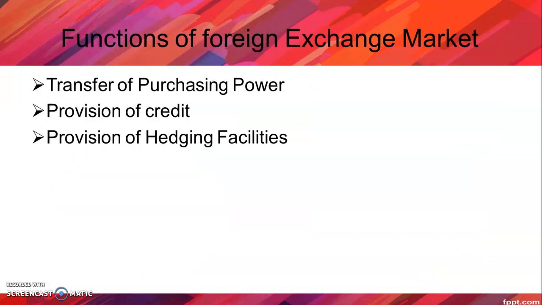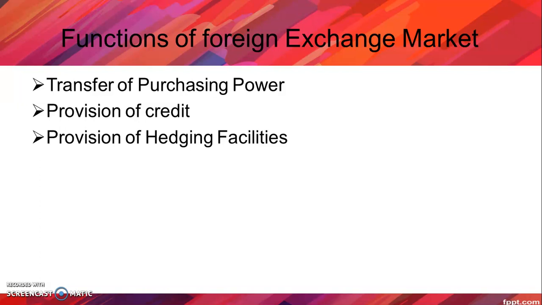Come to the functions of foreign exchange market. The primary function of a foreign exchange market is the transfer of purchasing power from one currency to another. The international clearing house function performed by foreign exchange markets plays a very important role in facilitating international trade and capital movement.